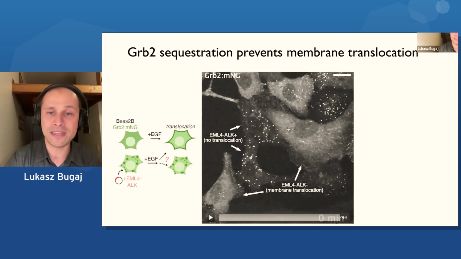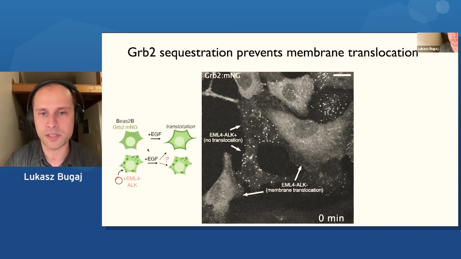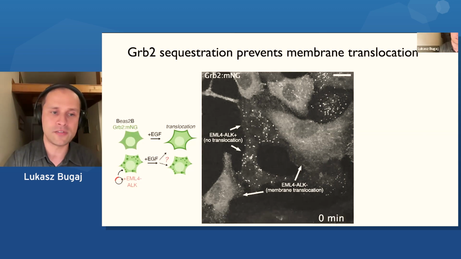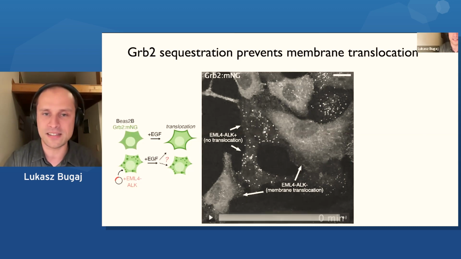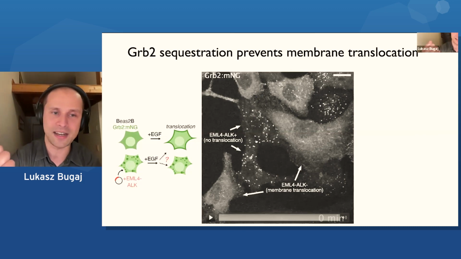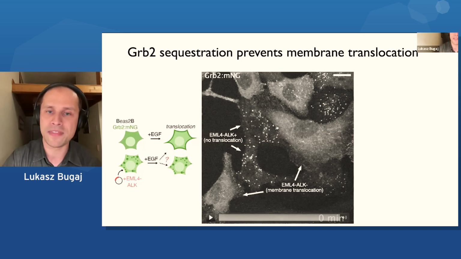These are cells where we have the adapters, these that we're claiming are being sequestered, tagged at the endogenous locus with fluorescent protein. And so then we transiently transfect them with this oncogene, and it's very easy to see which cells got the plasmid and which didn't. But the cells that got the plasmid have these gigantic condensates of, this is adapter, but it localizes to the oncogene. And the cells where the adapters diffuse, no oncogene.